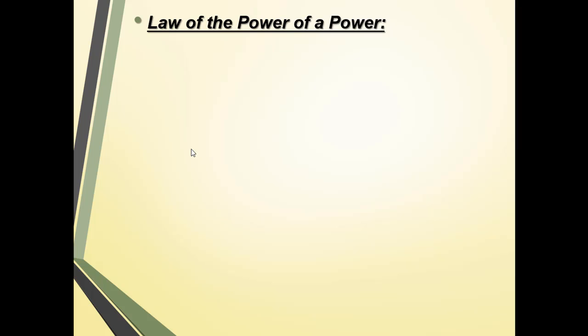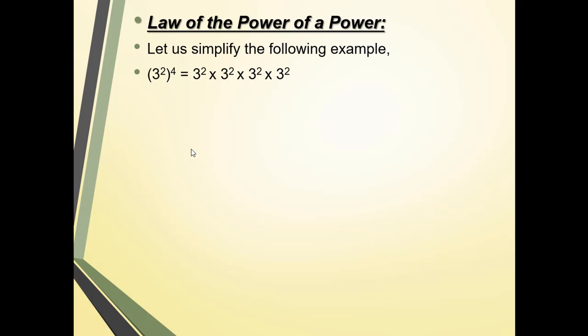Now it is one of the most important things that we need to understand, the law of power over power. Let us simplify the following example. As you see, there are two powers, one power inside the bracket, the second power outside of the bracket. This is called the power over power law. So we need to multiply this base the number of times it has been given as the power outside the bracket. That means we need to multiply 3 square 4 times, like this.